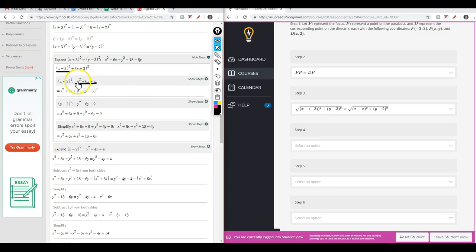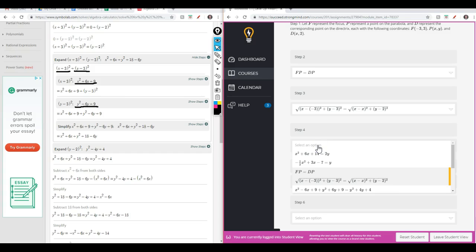So that actually comes out to be x squared plus 6x plus 9. And then this y minus 3 squared comes out being y squared minus 6y plus 9. That's actually going to be the very beginning of our step 4.